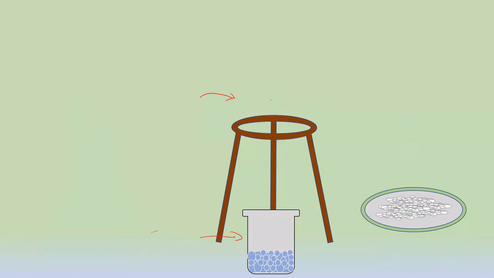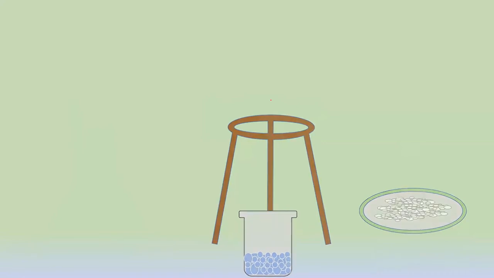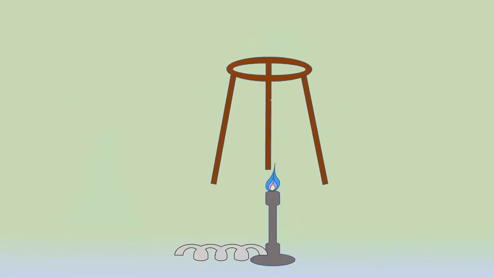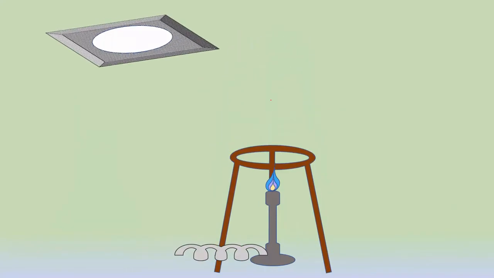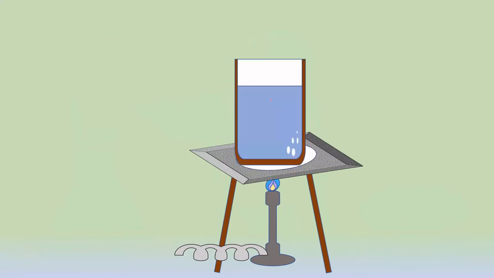Now we're going to do the drying of this benzoic acid. Benzoic acid has a comparatively higher melting point, and therefore we can do this drying on the water bath. So how do you arrange the water bath? Again, put a stand on the burner, then on that we will keep the wire gauze. Take a beaker, and take water in the beaker. You can put some porcelain pieces in that so as to avoid bumping of water outside.